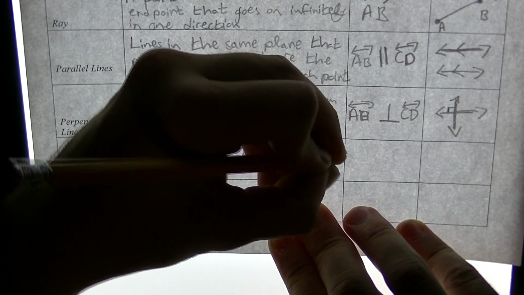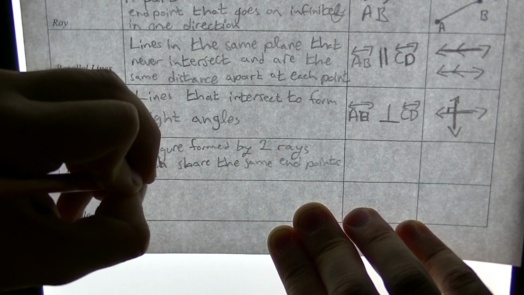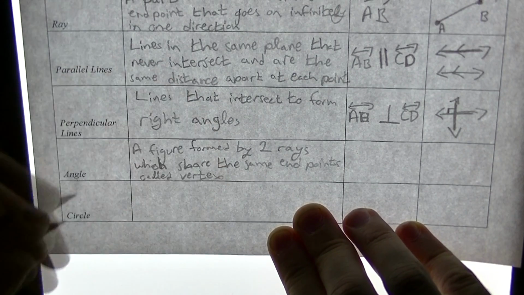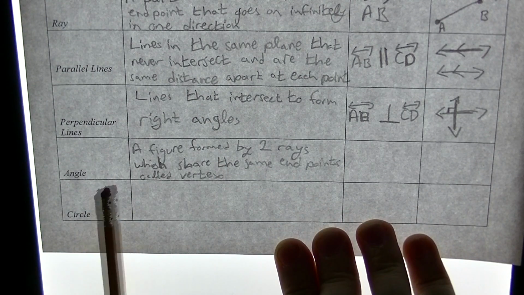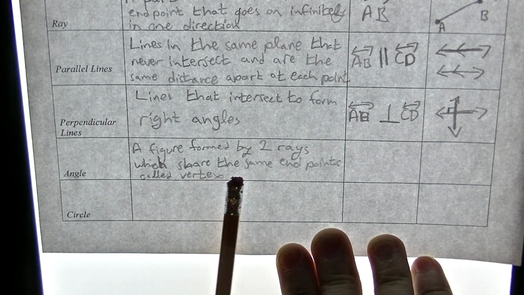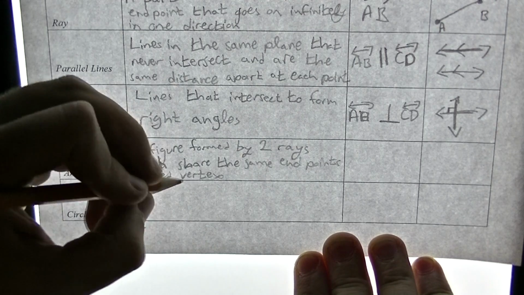What are these cats doing? Endpoint. And these endpoints are called a vertex. So, an angle is a figure formed by two rays which share the same endpoint, and that endpoint is called a vertex.